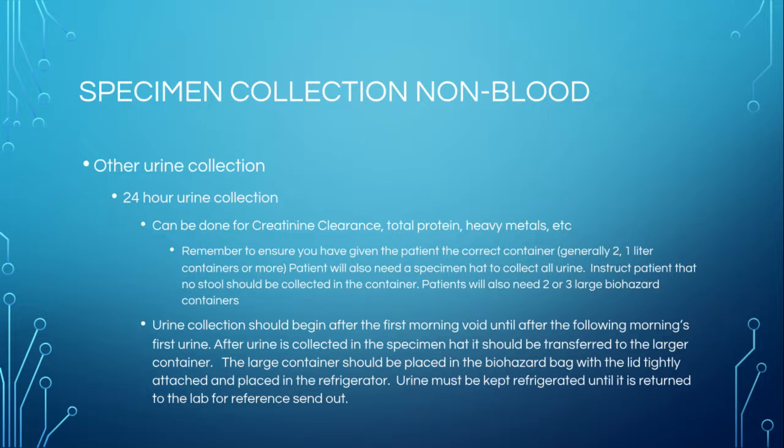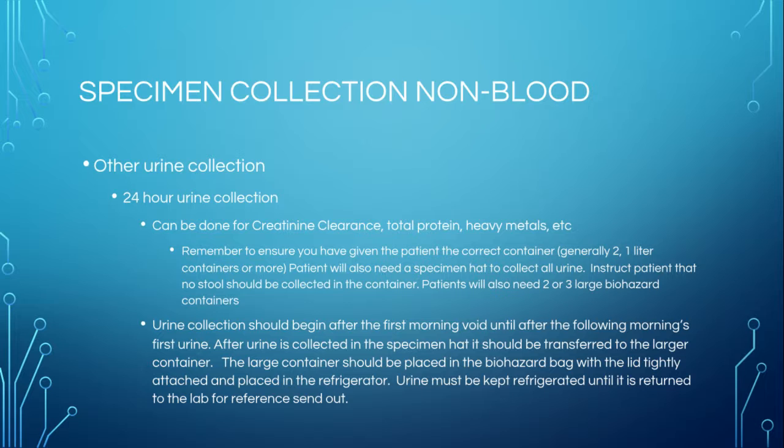You will usually give someone 2 to 3 containers. The reason is, if someone's on a fluid pill or a diuretic, sometimes they urinate more than someone not. So you want to give them 2 or 3 containers, and then 1 to 2 large biohazard bags because the urine has to be refrigerated.